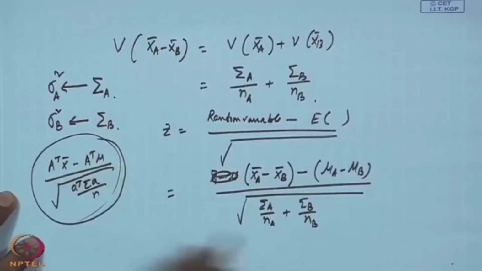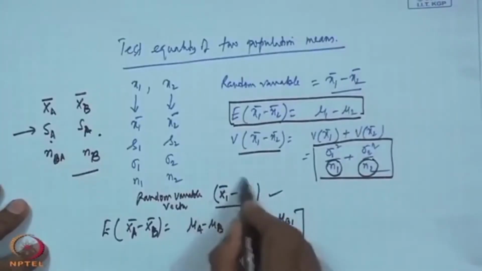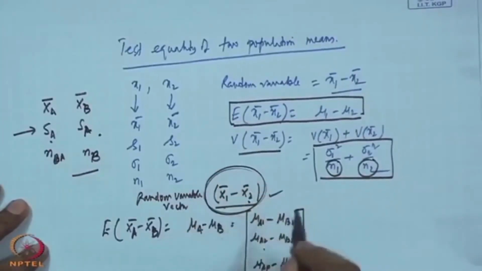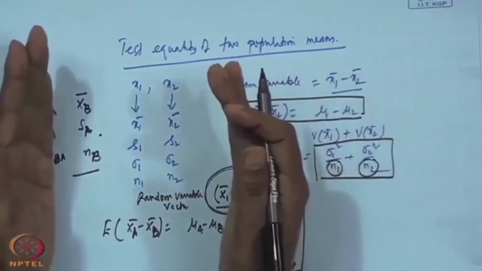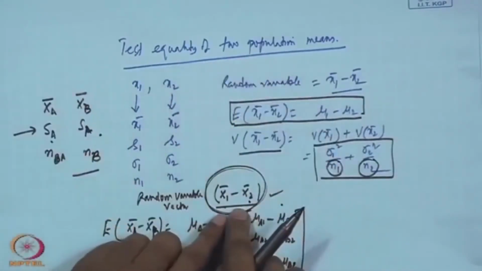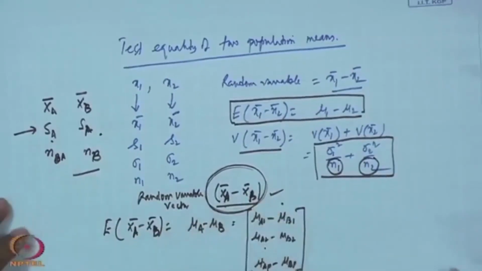That means a similar analog has to be created for the difference also. Please remember, here is one random variable vector, that is x1 bar minus x2 bar. Although you are taking samples from two populations, finally you are creating one random variable vector from xA bar and xB bar.